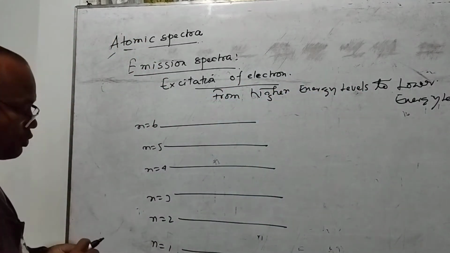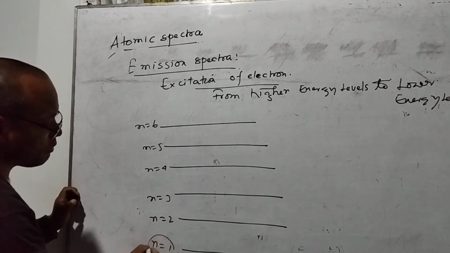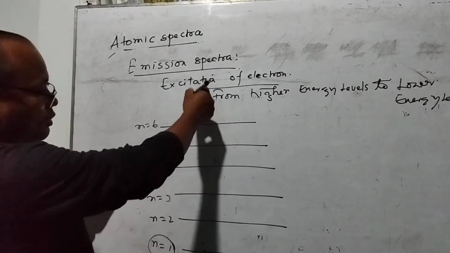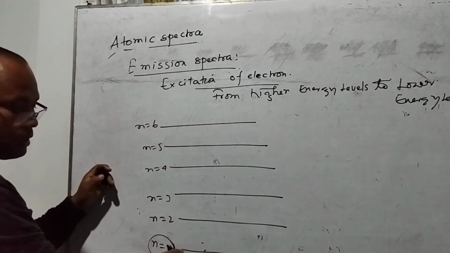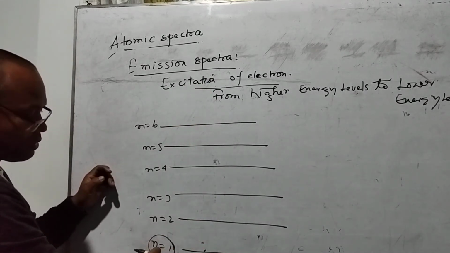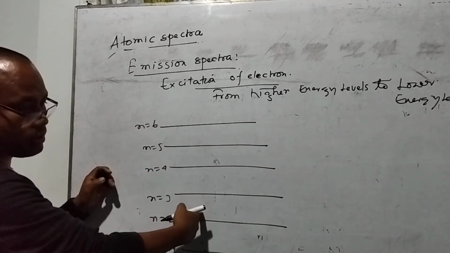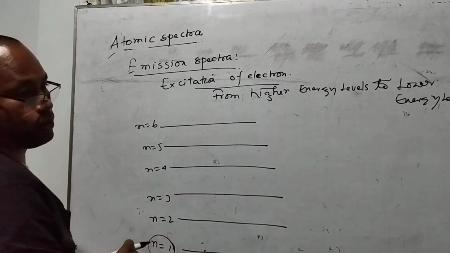Suppose let me choose here the lowest energy level. Here is n is equal to 2. Now the higher energy levels of the n is equal to 1 are 2, 3, 4, 5, 6. All these are the higher energy levels of our n is equal to 1.